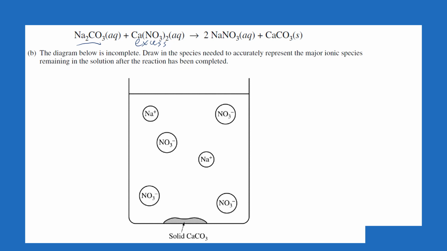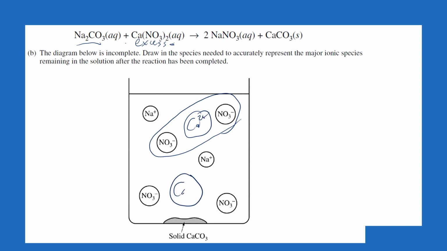And so you want to make sure that you do it stoichiometrically. So 2 nitrate ions for every 1 calcium ion. So you would draw in a calcium and then another calcium. Nope, only 1, sorry. At least one of those needs to be used to make the solid calcium carbonate.